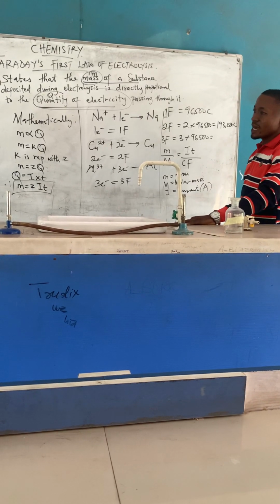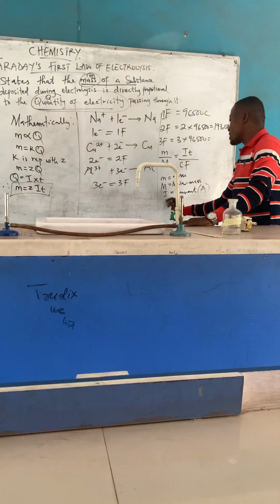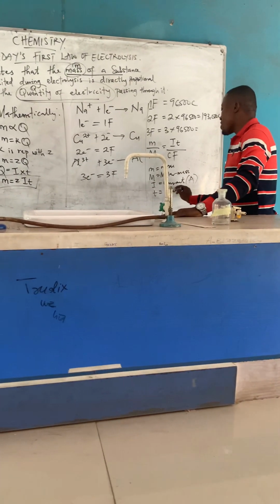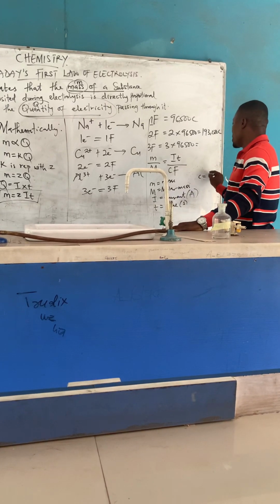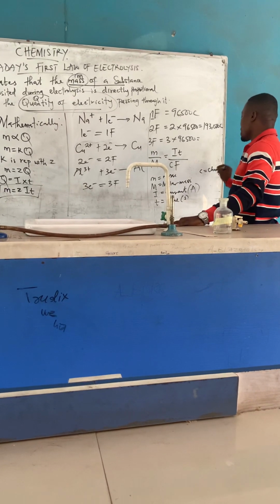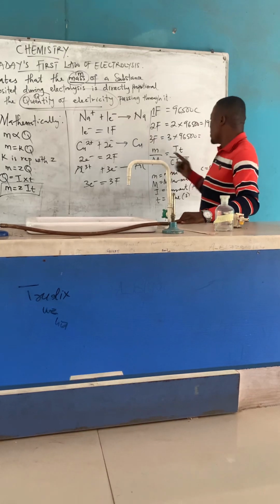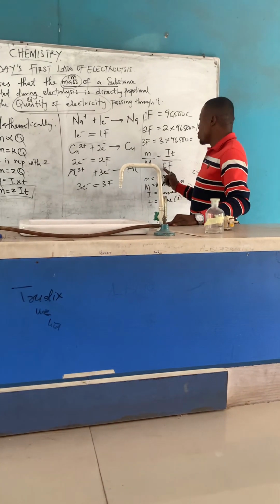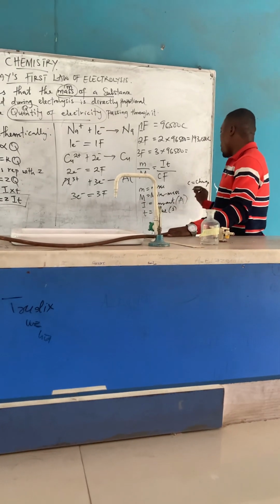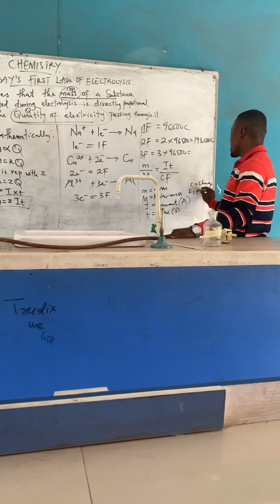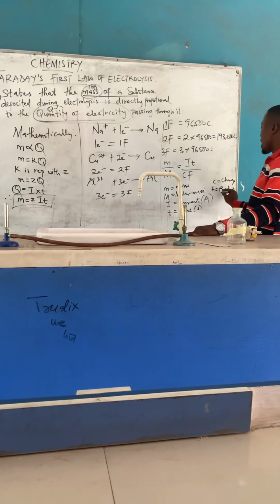So anywhere you see A, it means current. T means time, and your time must be in seconds. Then the C means charge. Charge means all these things. Plus 1 means C will be 1. Plus 2, C will be 2. Plus 3, C will be 3. And F means Faraday. And you know that our Faraday is constant, which is what?